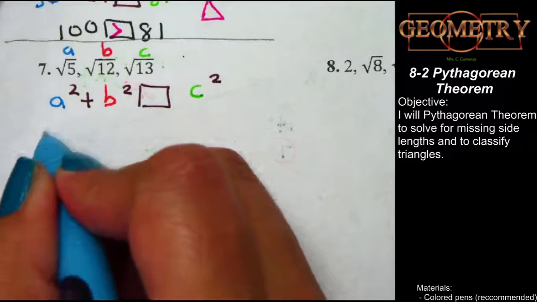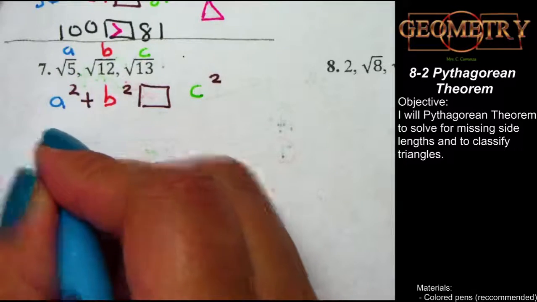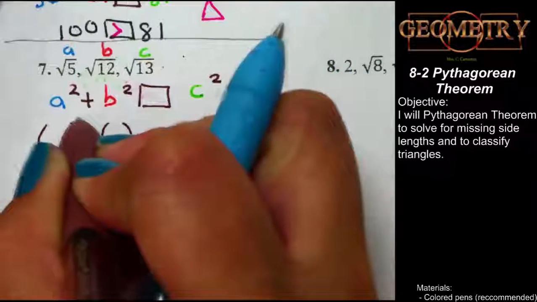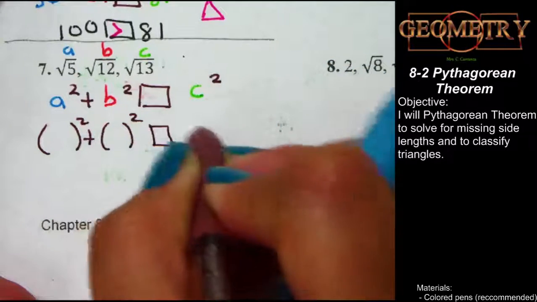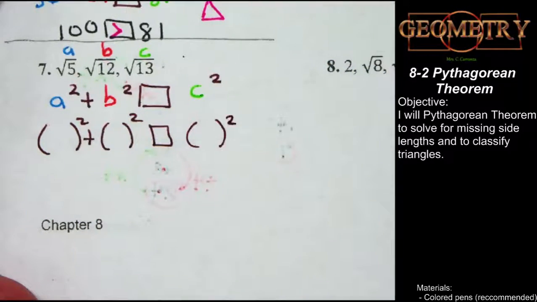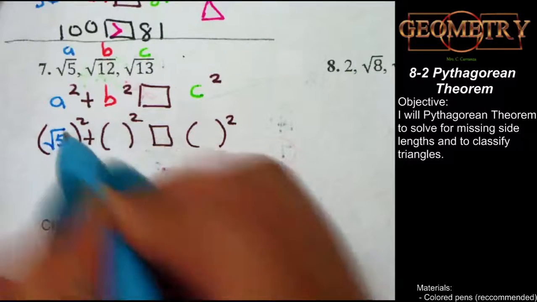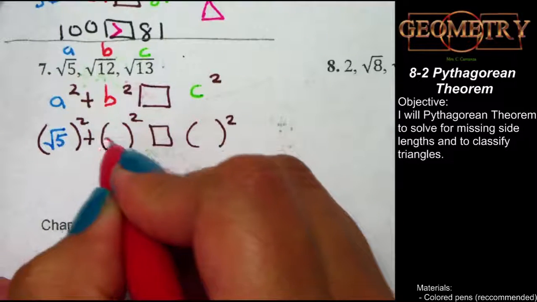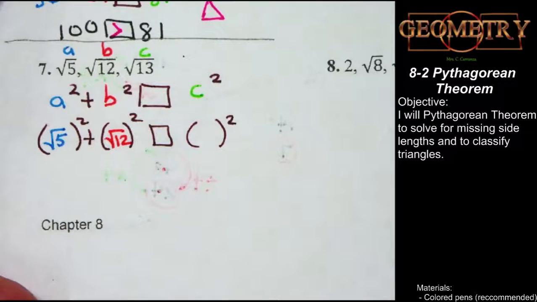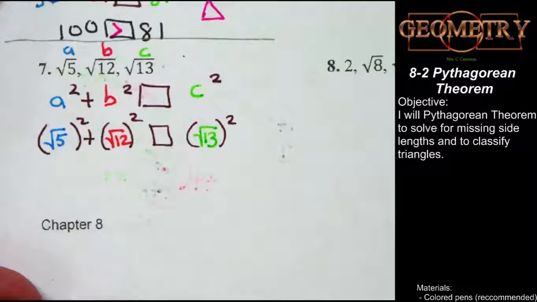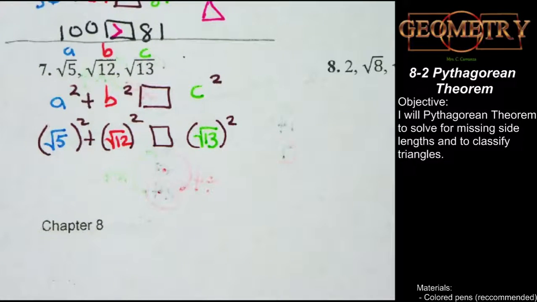Now, a squared, now that it has a square root, I'm going to put parentheses around things. So here I am, I'm just opening some parentheses. A squared, a is square root of 5, b is square root of 12, and c is square root of 13. Now, as I look at this, I've got to keep in mind that square roots and square powers are inverses.